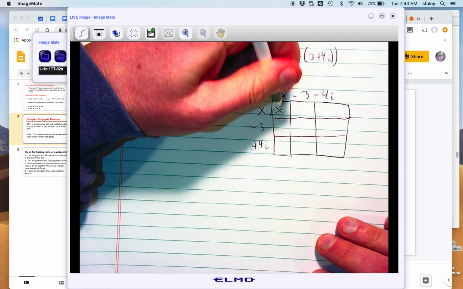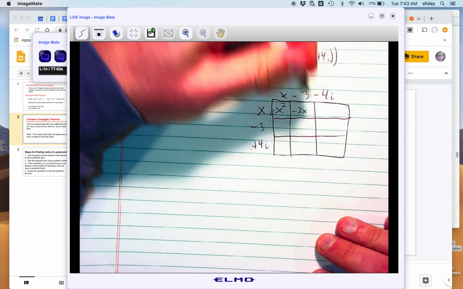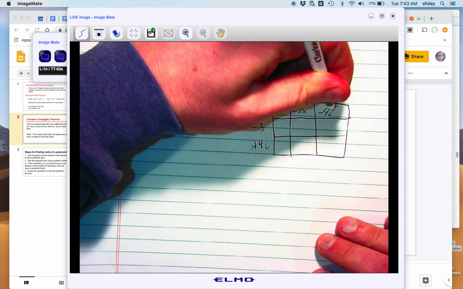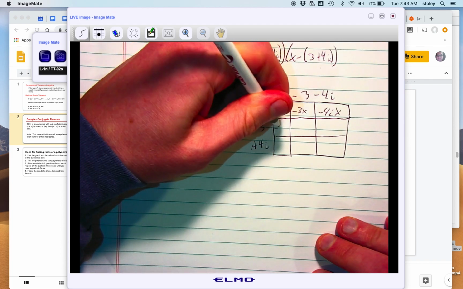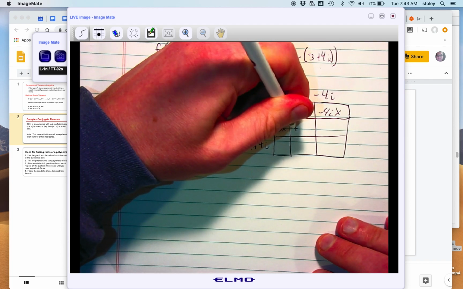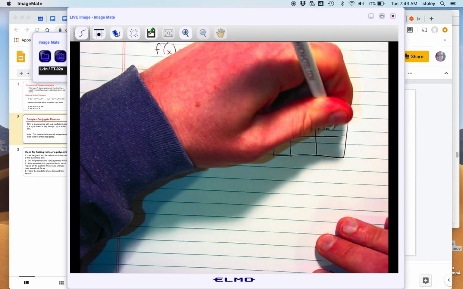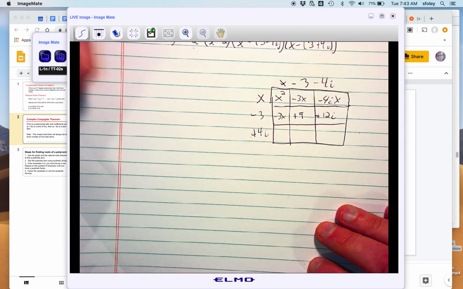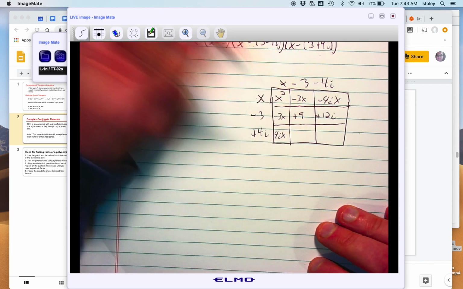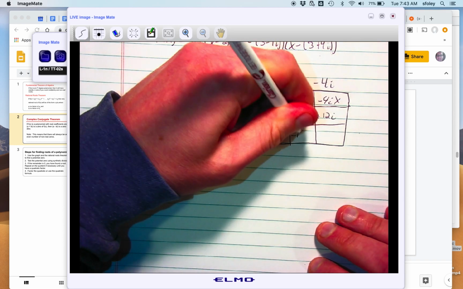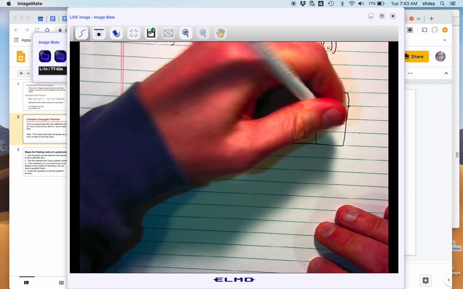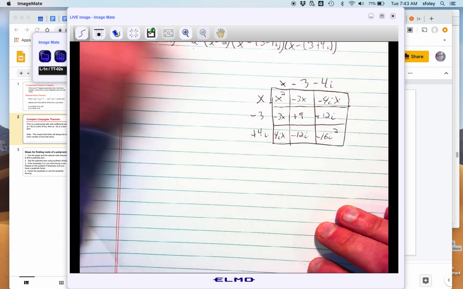And so x times x minus 3 times x minus 4i times x minus 3 times x plus 9, and then plus 12i, and then plus 4ix minus 12i, and minus 16i squared.